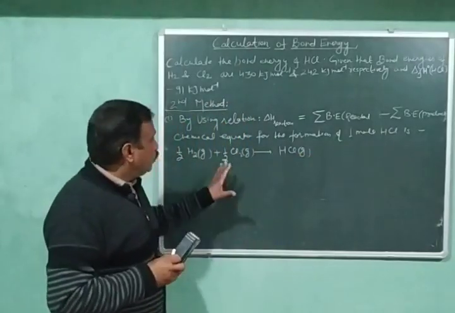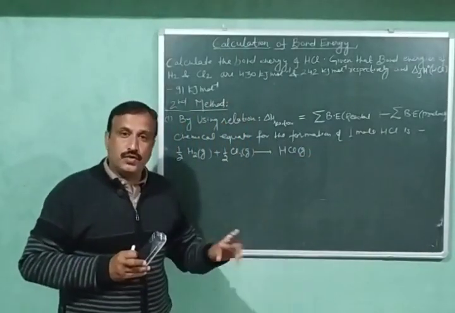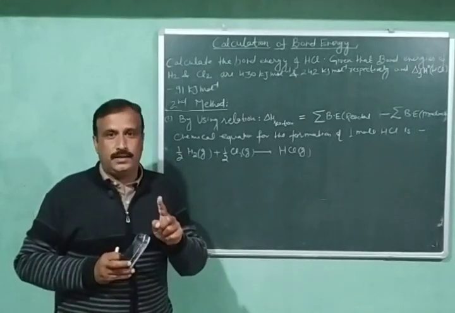So this equation represents the formation of 1 mole of HCl.